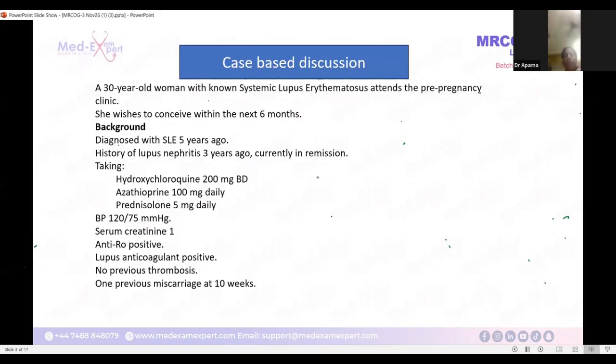I'd also like to tell her that we'd like to optimize her renal function tests before she plans for pregnancy. Even though she's in remission, I'd also like to know about any symptoms related to urination, whether she frequently had urine infections or any difficulty in voiding. All these things I would like to know before I could proceed further with her pregnancy counseling.